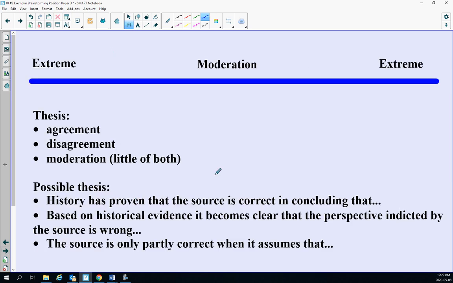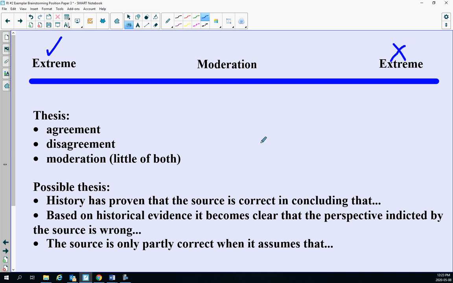To go on a little further, this might make your thesis even more clear now. When you get a source like the one we just looked at, there are three responses, perspectives that you can take. One extreme is you can say, yep, the guy's completely right. We should embrace ultranationalism. Or you can say, nope, the guy's completely wrong.